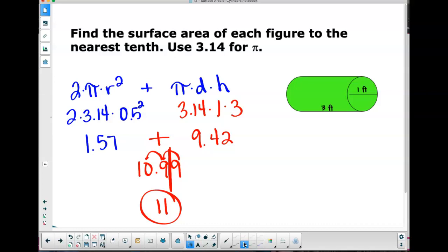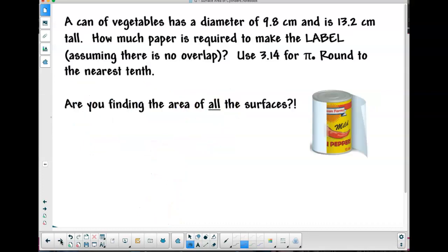Last problem is a word problem, and you're going to see problems like this on your homework. A can of vegetables has a diameter of 9.8 centimeters and is 13.2 centimeters tall. How much paper is required to make the label, assuming there's no overlap? Think about this.